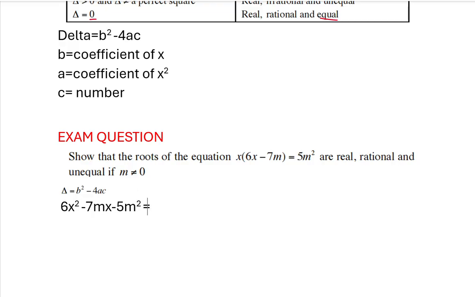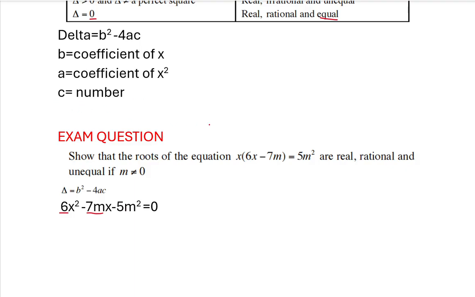All of them equal to 0 because this is an equation. So now we have our equation in its standard form, because now we have the coefficient of x squared, which is 6, and also the coefficient of x, which is 7m, and also our number.